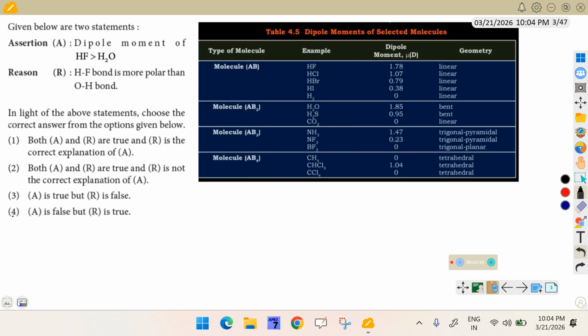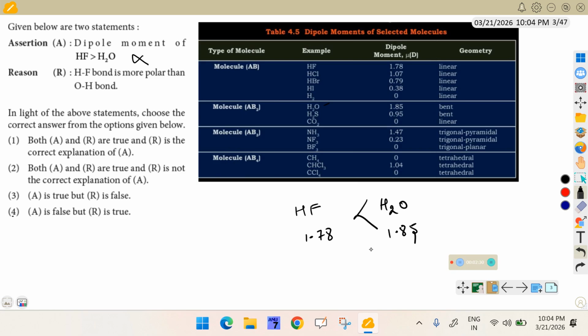Dipole moment of HF is greater than H2O. Wrong. HF dipole moment value is 1.78. H2O dipole moment value is 1.85. HF is less than H2O. Assertion is wrong.